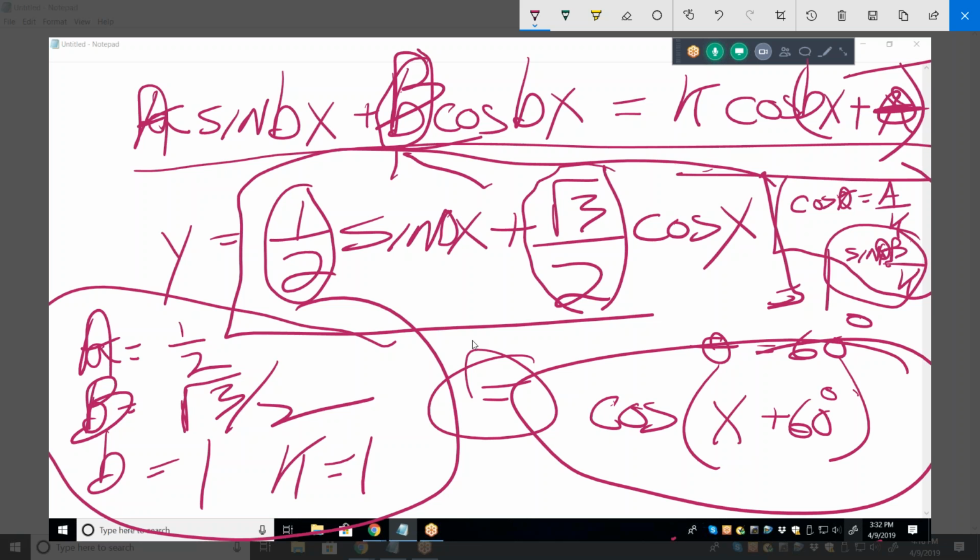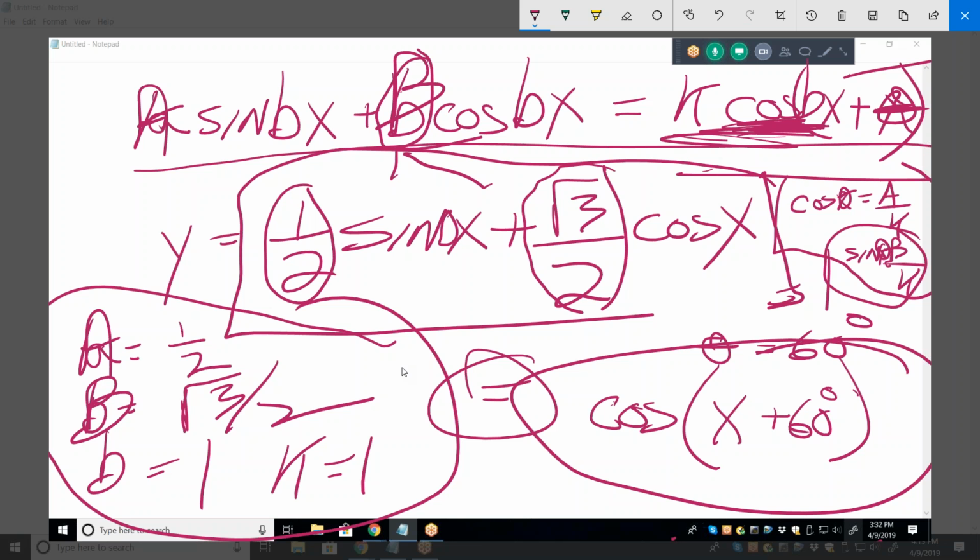I think if it would be x plus 60, it would be sine of that. Because why sine of that? That says cosine. Instead of cosine x plus 60, it would be sine x plus 60, because they say that when you're trying to find the combined sine of the functions, the cosine is equal to a over k.